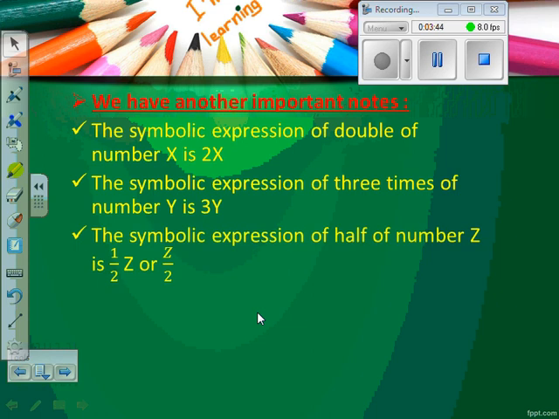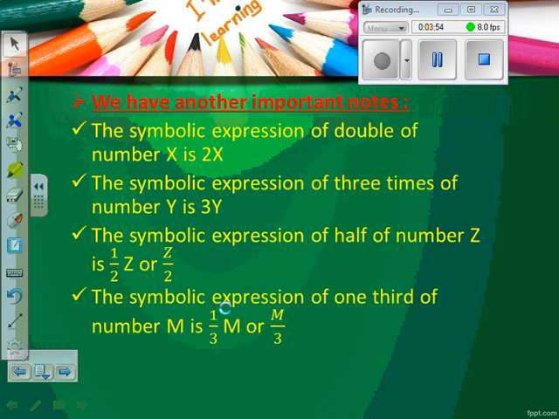The symbolic expression of half of number z is 1 over 2z or z over 2. The symbolic expression of the third of number m is 1 over 3m, or m over 3, or m divided by 3.